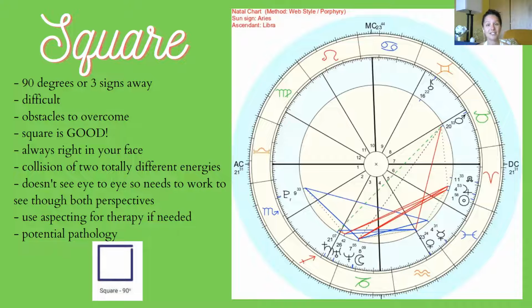So what you could actually do as a therapy process is to have 2 chairs. For aspecting, you set up a pillow in each chair.